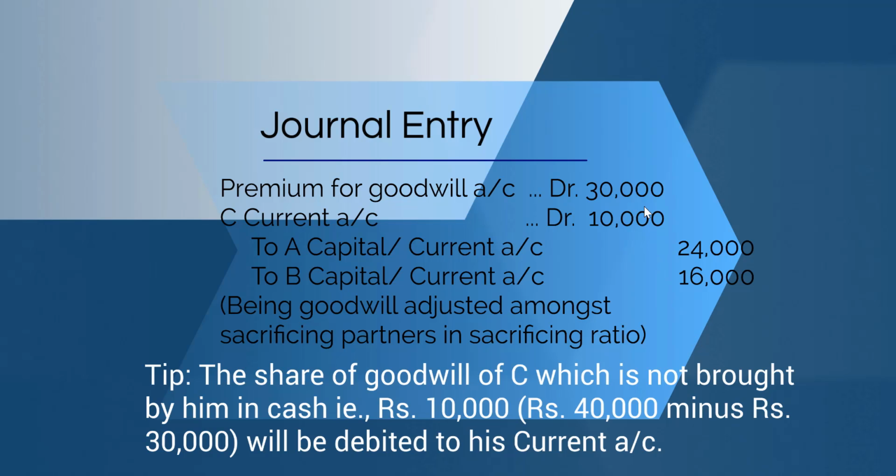However, in this entry where we've debited C's current account with rupees 10,000, which is the difference, we have to debit C's current account whether the fluctuating capital method is being followed or the fixed capital method is being followed. So in either case, the incoming partner's current account needs to be debited with the amount of goodwill which is not brought by him in cash.